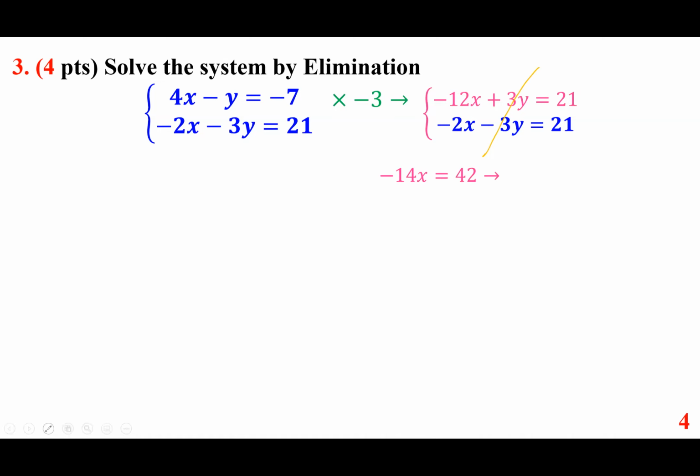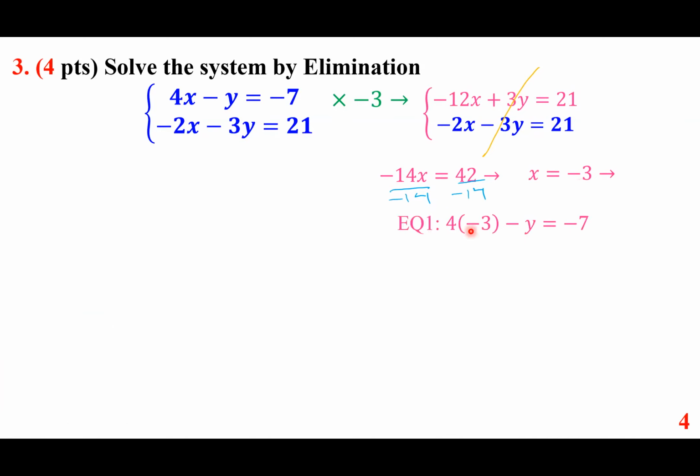We divide both sides by negative 14. X becomes negative 3. We use one of those equations. For example, the first one, 4 times negative 3 minus y equals 7.